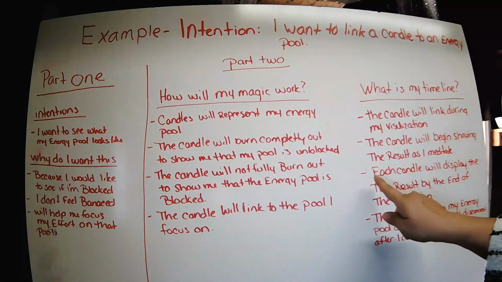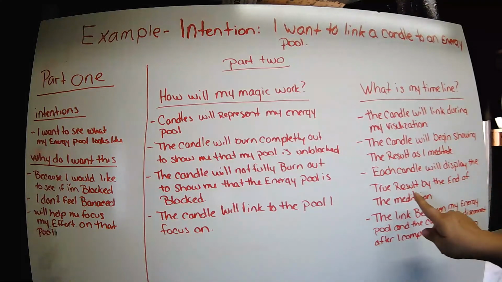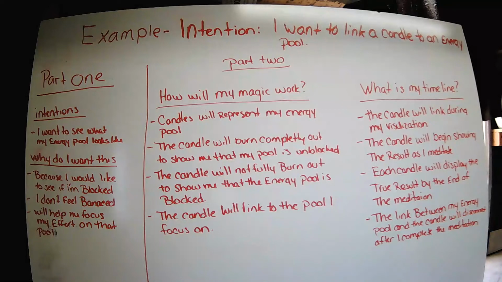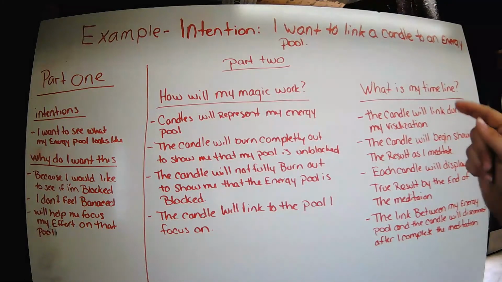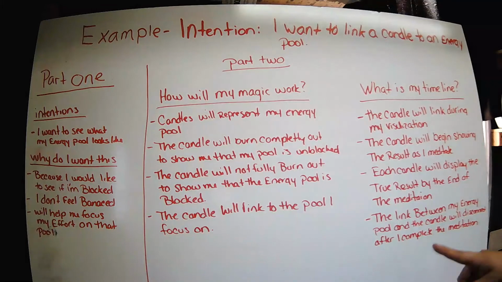Each candle will display the true result by the end of the meditation. That means by the time I'm totally done going through all of my chakras, I am expecting the universe to provide me the results right there, at the end of the meditation. Not next week, but right after I'm done with the meditation.